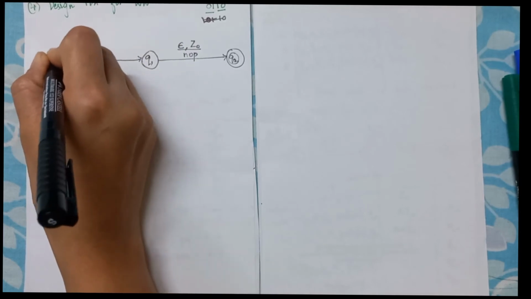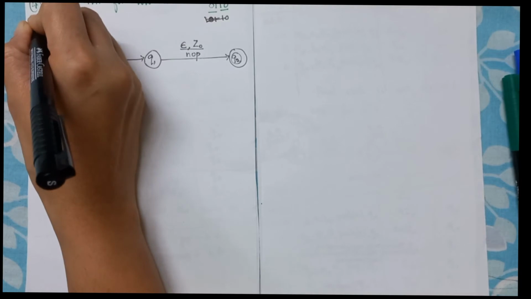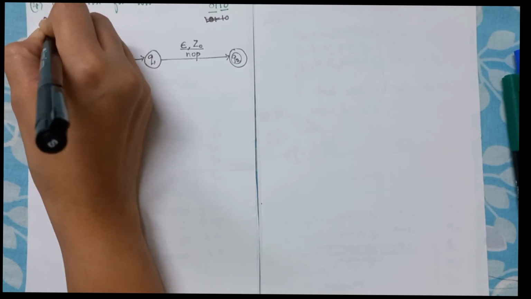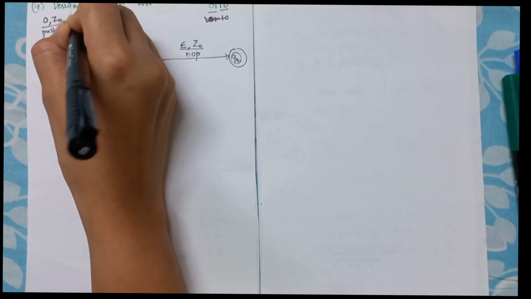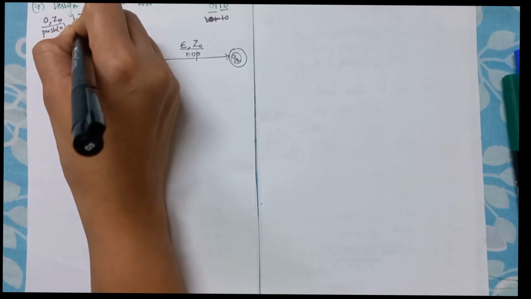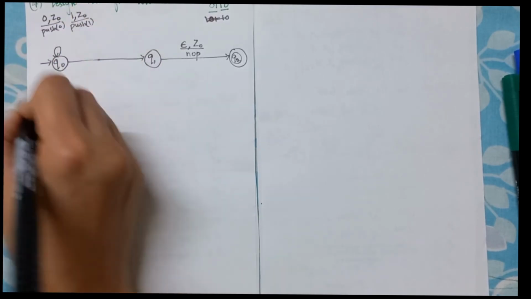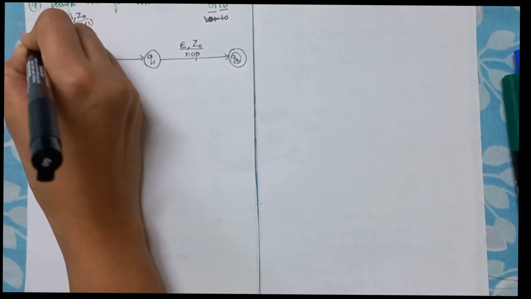So initially everything has to be pushed in. So 0 with Z0, push of 0, 1 with Z0, push of 1. Now 0 can be before a 0 also.